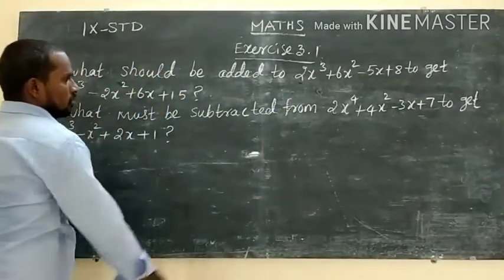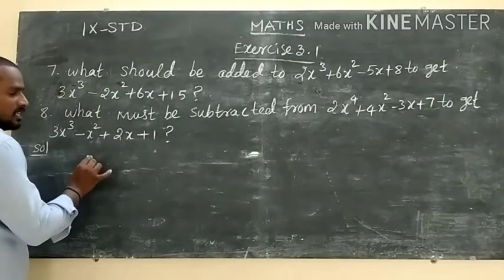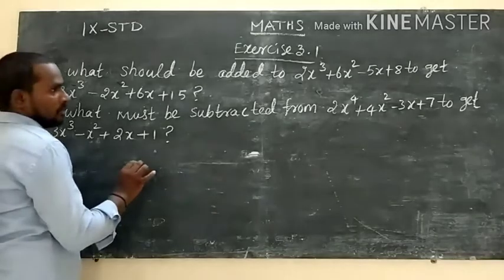We don't know that other polynomial, so let us consider p of x as the polynomial.